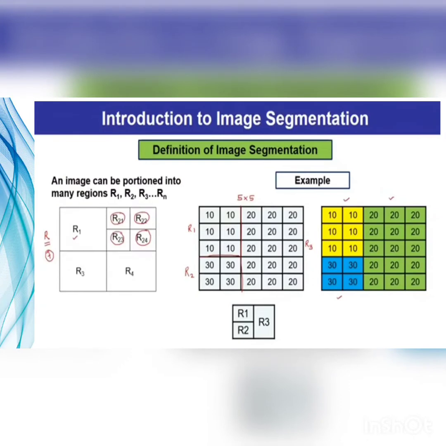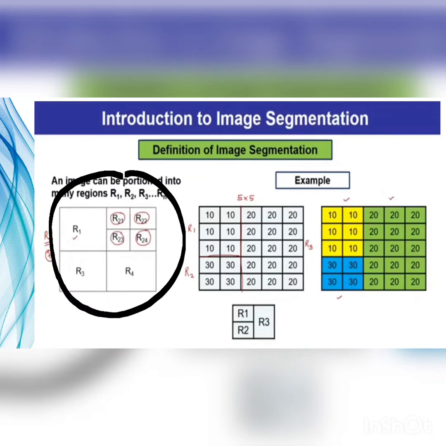Let's discuss the definition of image segmentation using some mathematical or graphical images. Here we have an image, which can be called R, and that image can be partitioned into many regions or subgroups, named R1, R2, R3, up to Rn.